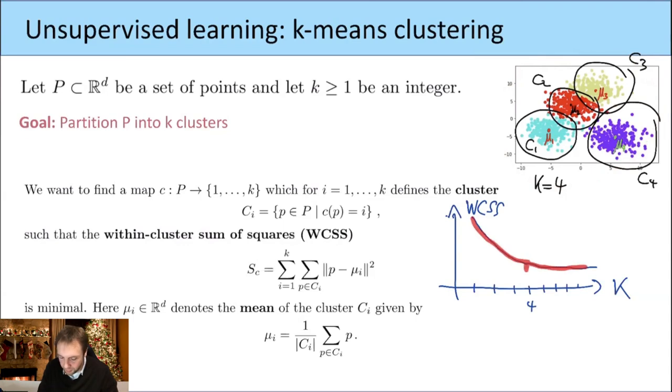After 4, we don't really make this value much lower than before. So if you plot these within cluster sum of squares with respect to the number of clusters, then the way to decide which is the nice k is a point where this curve is maybe not really going down much more.